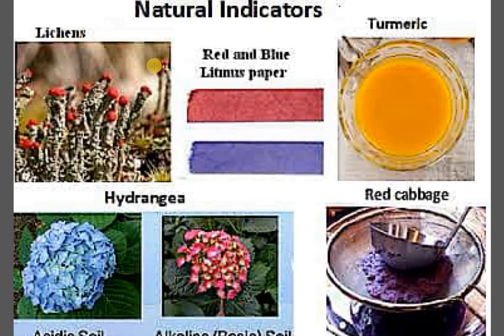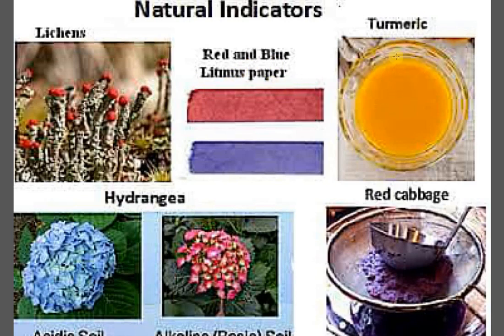If you recall the very first chapter in biology, on modes of nutrition, you studied the symbiotic relationship, or symbiosis, where lichen is one example. Lichen is an association between an alga and a fungus, and from this we extract an indicator which we call litmus paper.